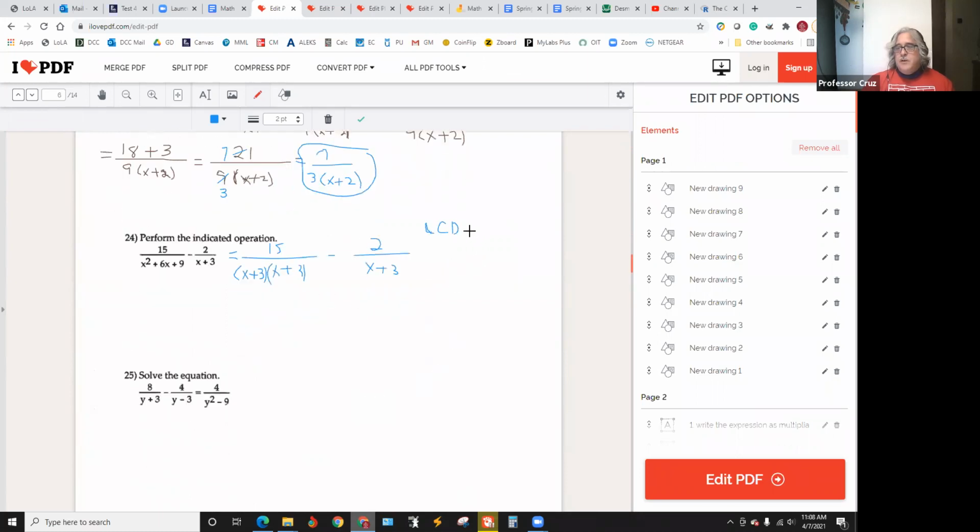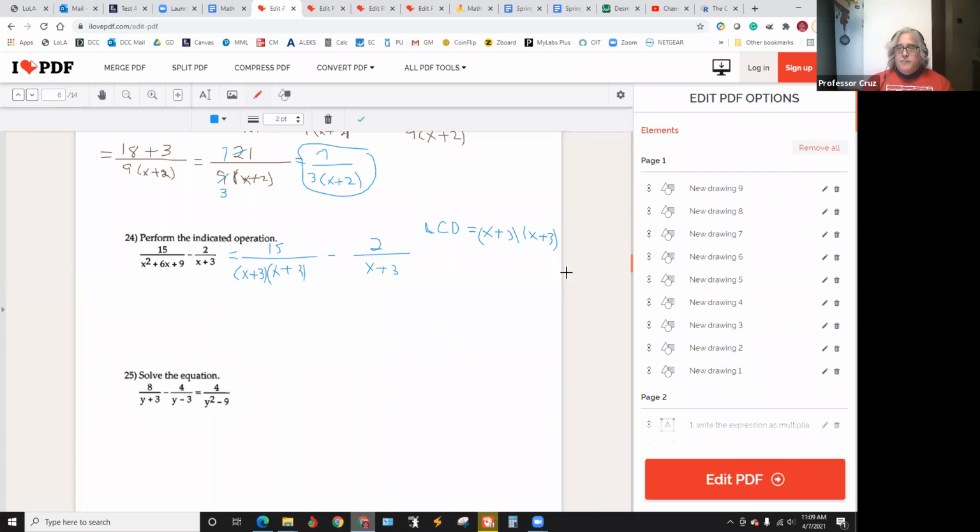So what's the LCD? You've got an x plus 3. And what else? Yeah, x minus 3. Oh, I'm sorry, there's no x minus 3. It's another x plus 3. I was thinking the same thing. But yeah, there's no x minus 3 down here. So we have to take the largest factor there.